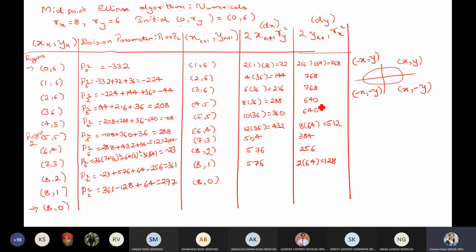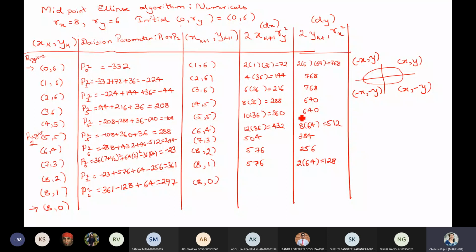What is minus dy? It is 640. So minus 640 is given over here. So the result value is 108, because we are incrementing x, because it is negative, wherein you are only incrementing x. If x is incremented, y has no change. So this value will be 10 into 36, that is 360, and y remains same.